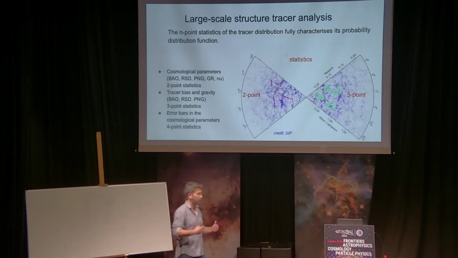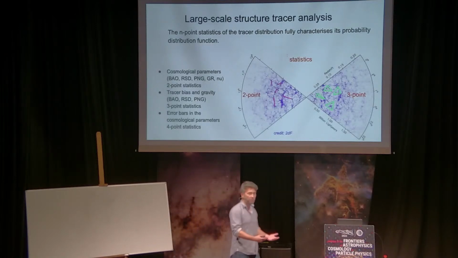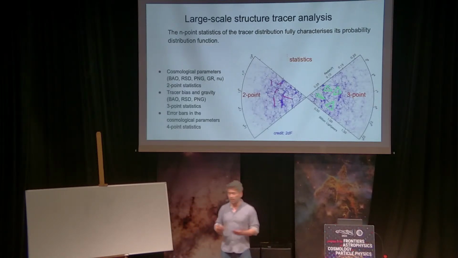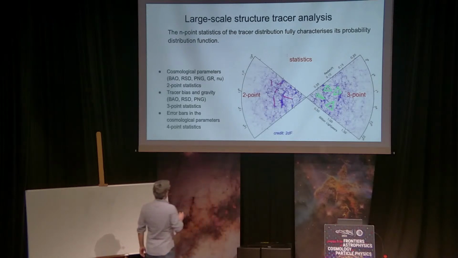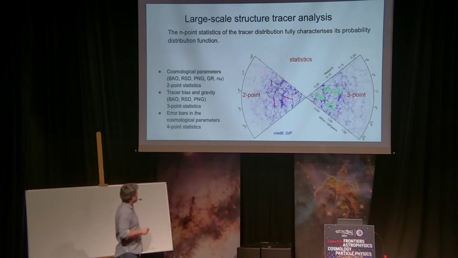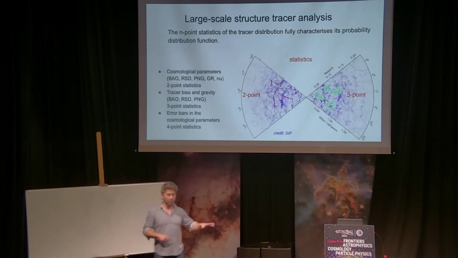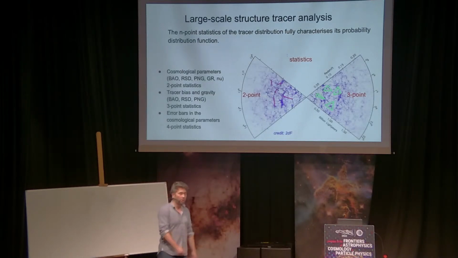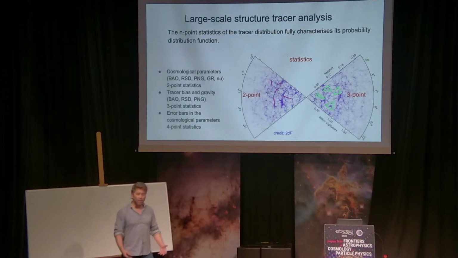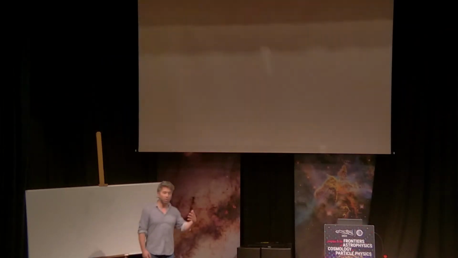You can do statistics and your universe has made a lot of experiments for you. But in this case, there are not that many, right? And one very important thing is that the whole N-point statistics, 2-point, 3-point, 4-point, etc., fully characterizes the probability distribution function of your tracer, the tracer of your underlying dark matter field. Now, your underlying dark matter field has evolved cosmologically, and it's highly nonlinear, and this makes things more complicated.